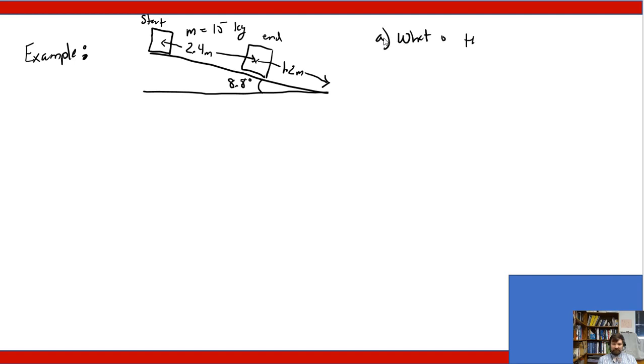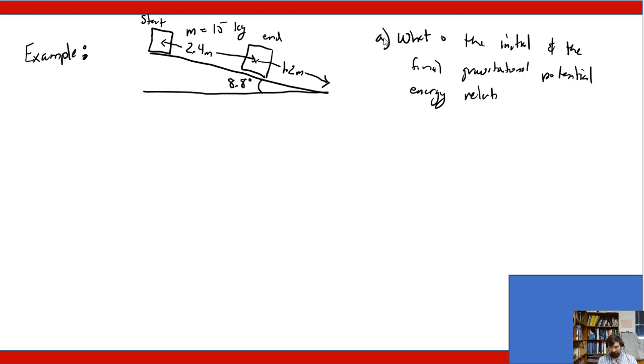What is the initial and the final gravitational potential energy relative to the bottom of the ramp? And notice we always have to say relative to some point. You get to pick where that point is, but for convenience, bottom of the ramp is often it for these ramp problems. And the other thing is how much work will gravity have done?